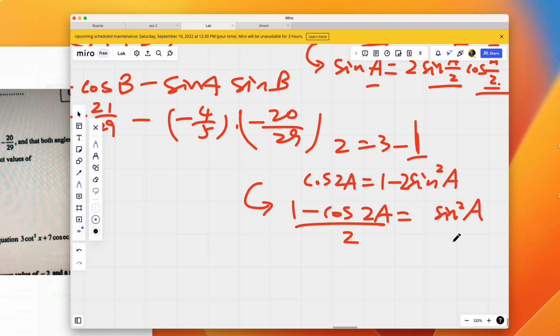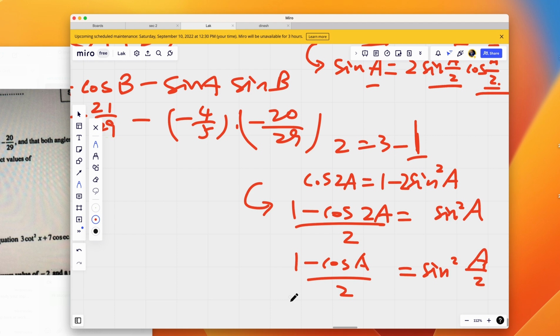Because if sine square A is this, sine square A over 2 is 1 minus cosine A over 2. This A, I divide by 2. Actually the relationship is, if this is A, this has to be 2A.